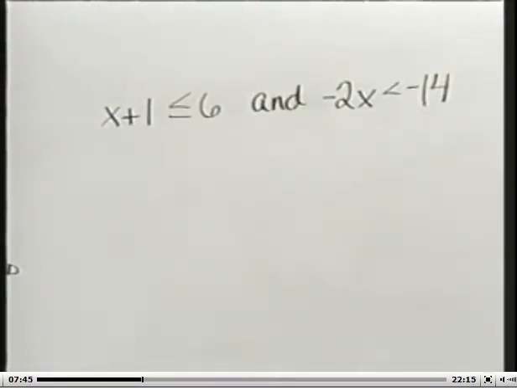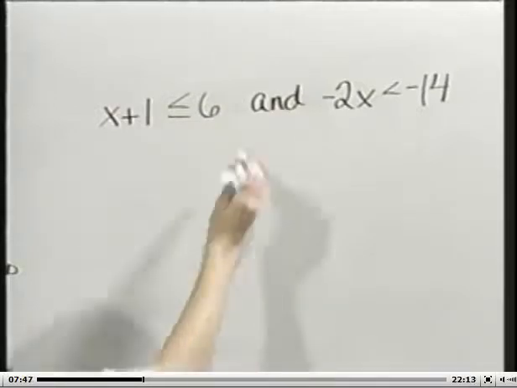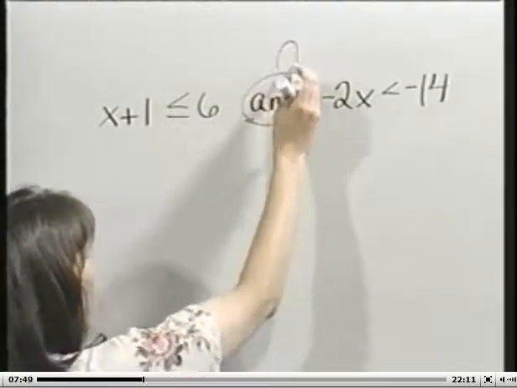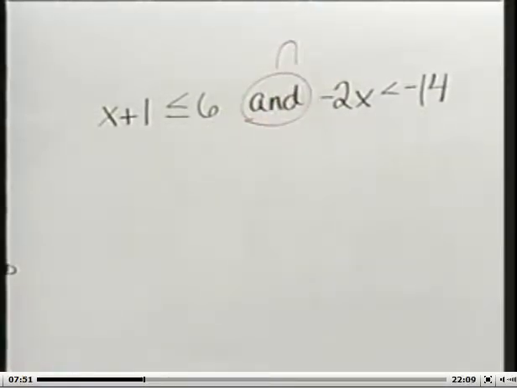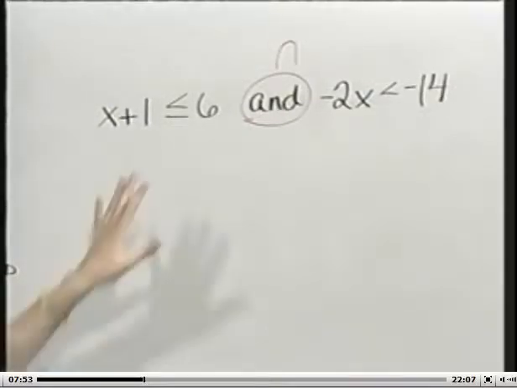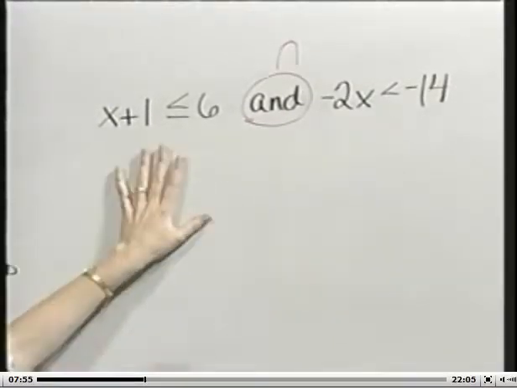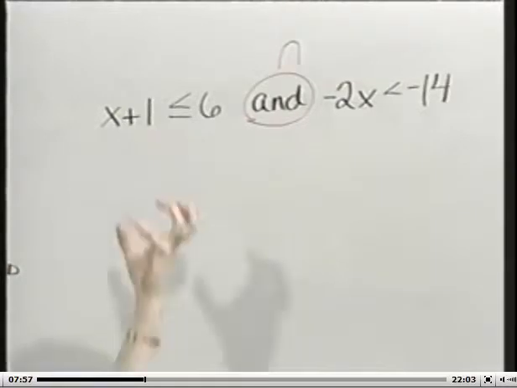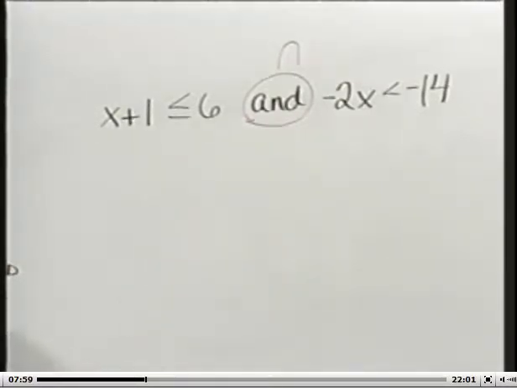Our first step when you have an and is to think intersection. So we're going to intersect two sets. Now what's the two sets we're intersecting? One here and one here, like C and D. So your first step is to first of all figure out what your two sets are.